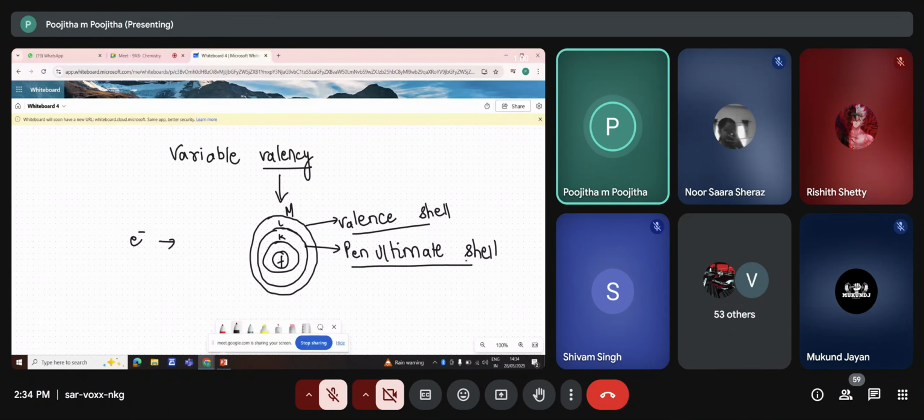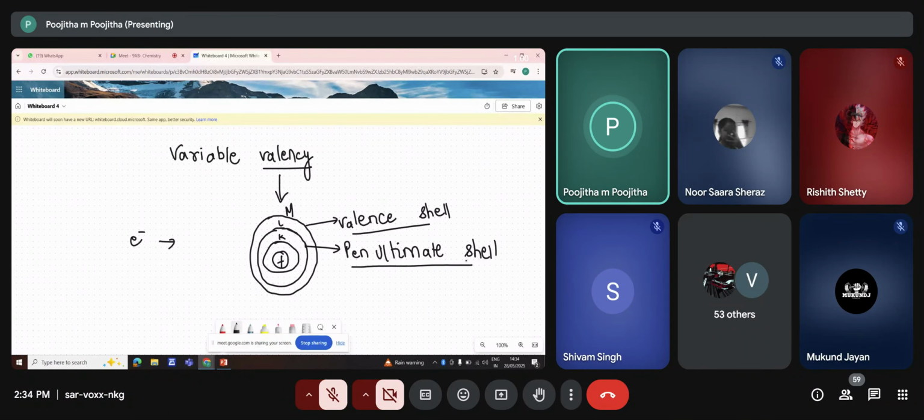Last year you also learnt the example of the metal copper, correct? Copper has atomic number 29, so the electronic configuration is 2, 8, 18, 1. What happens in the case of copper? Because the penultimate shell is unstable, one electron from the penultimate shell will jump to the valence shell.